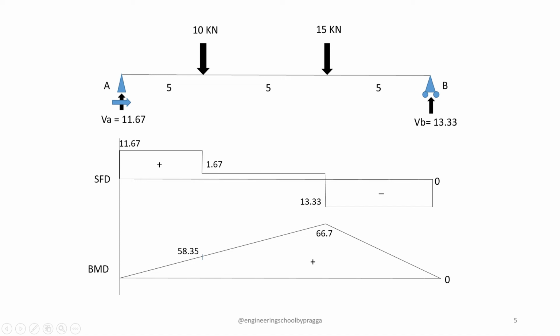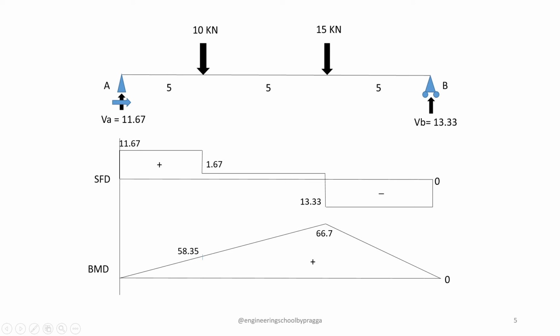Now I am going to draw the BMD, and we know that BMD is all about calculating the moments. From the SFD, 11.67 into 5 meter distance is 58.35, and I have marked that point in the picture. It will be a straight line upward, as the area of the SFD in that part is positive.